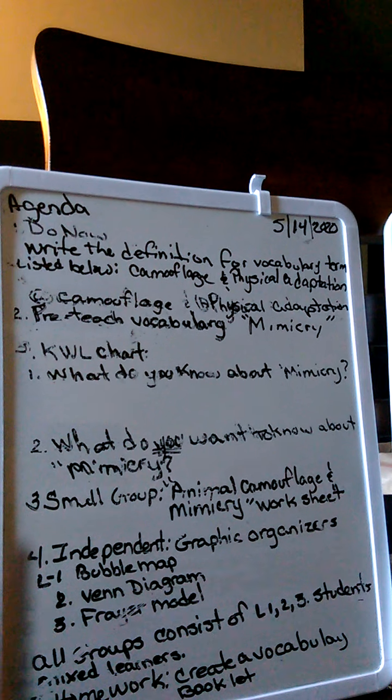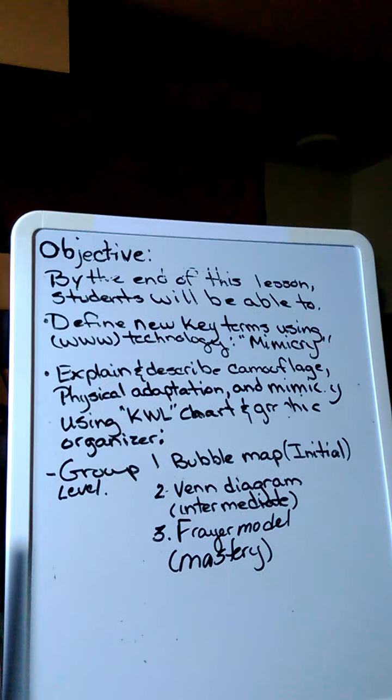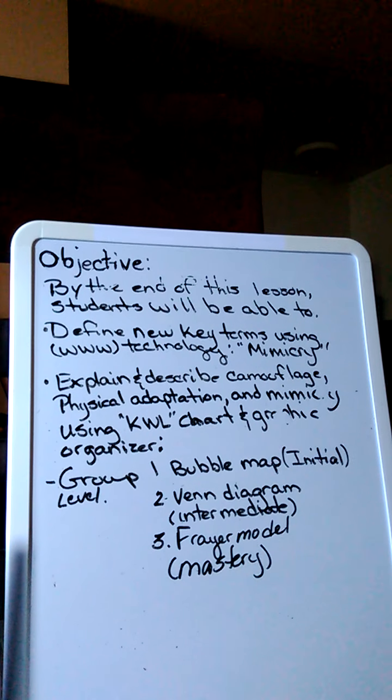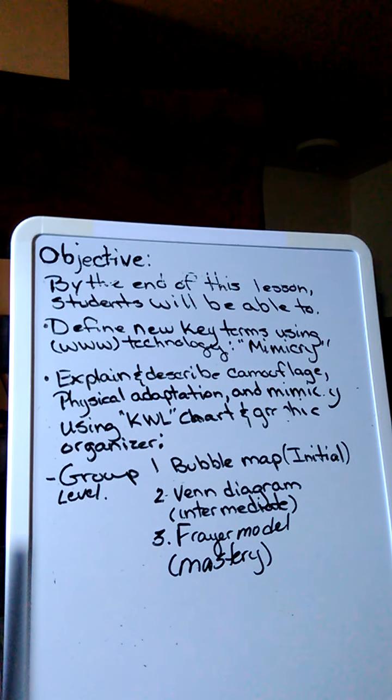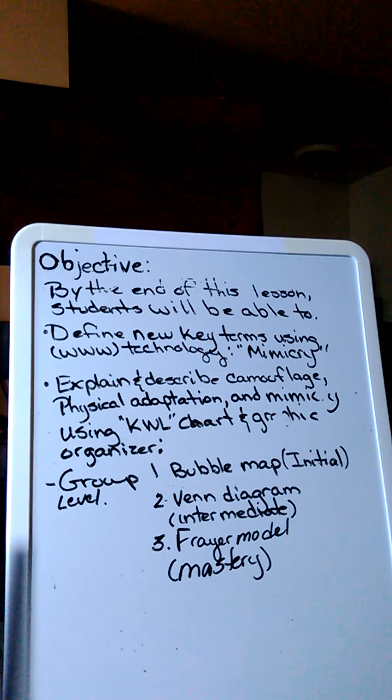First of all, I want to go over the objective. The objective states, by the end of this lesson, students will be able to define new key terms using technology, such as a tablet, and define the term mimicry.